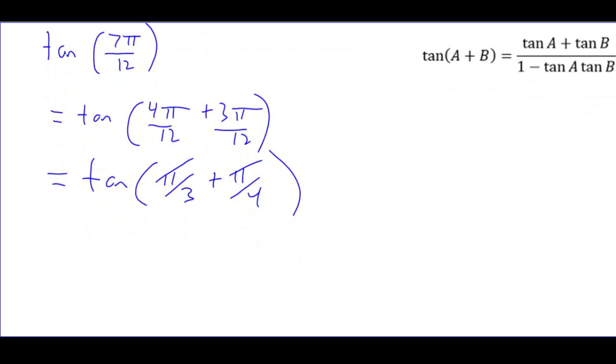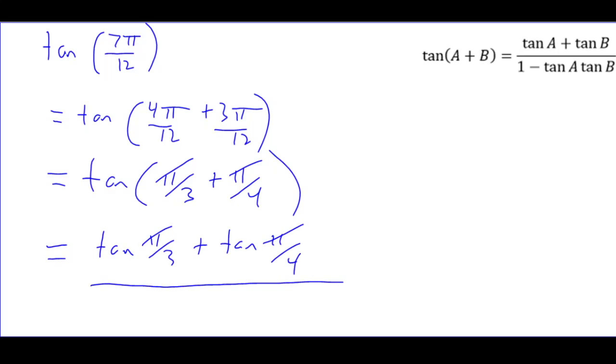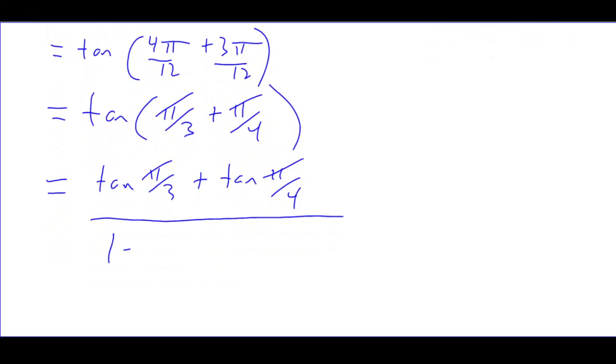Okay, using the identity that we just got up here, that's the tan of pi over 3 plus the tan of pi over 4, all divided by 1, take away the tan of pi over 3 times the tan of pi over 4.